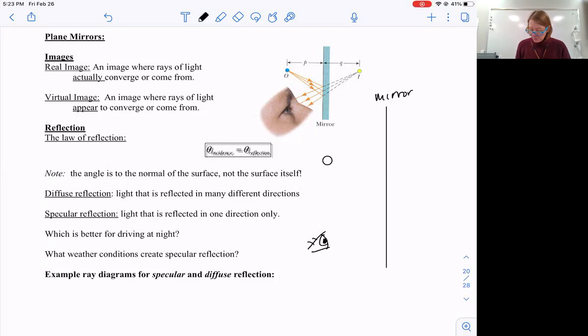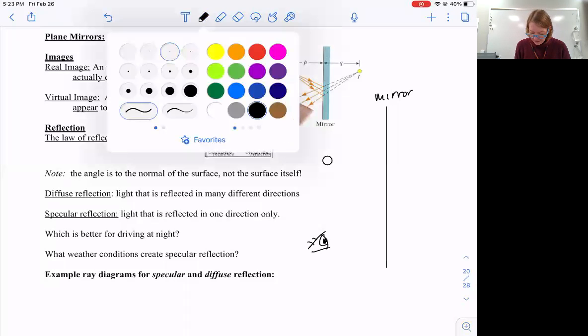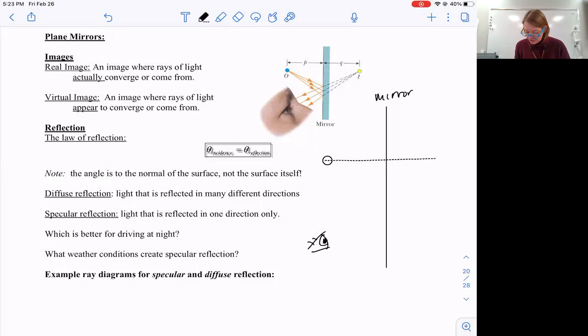In order to determine what the light rays are doing, one strategy is to reflect the object, literally, and you hopefully learned about reflections in a geometry class, but a reflection means that you draw a perpendicular, and the segment is actually the perpendicular bisector connecting the object and the image.